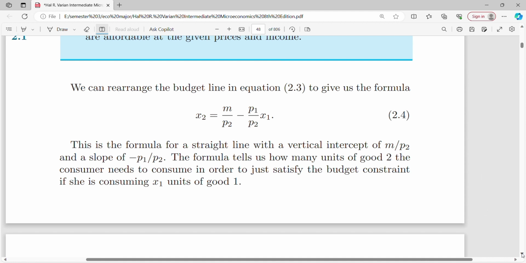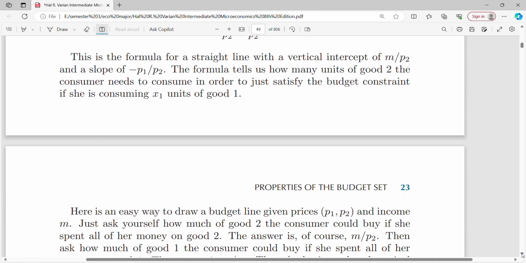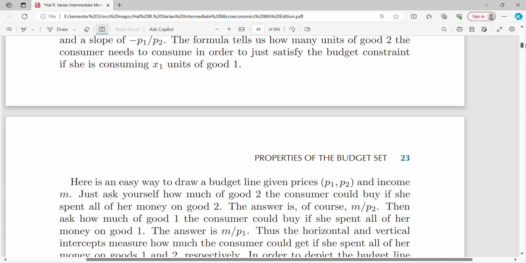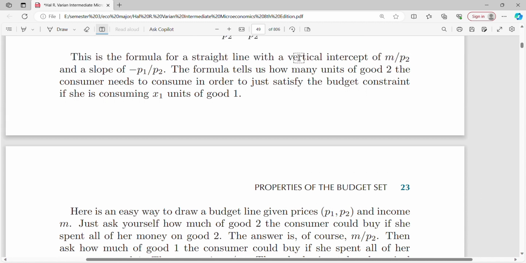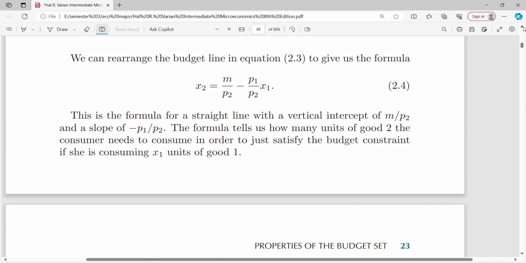Sorry. This is the formula for a straight line with a vertical intercept of M by P2 and a slope of minus P1 by P2. And what does this formula interpret?